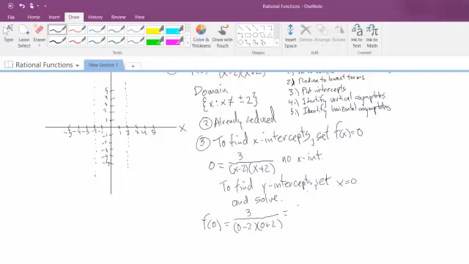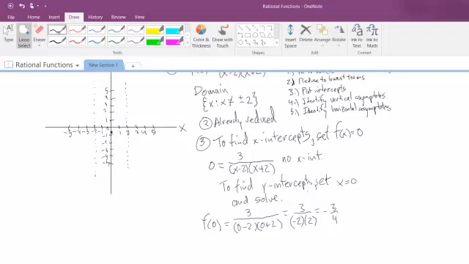Well, that's really just 3 over minus 2 times positive 2. And that becomes minus 3 over 4. Okay, so what is it that I just found? I found that f of 0, in other words, when x is 0, that happens at the origin. That's where x is equal to 0. The function is at minus 3/4. So minus 3/4 is right here. Okay, well that's one point on the graph.